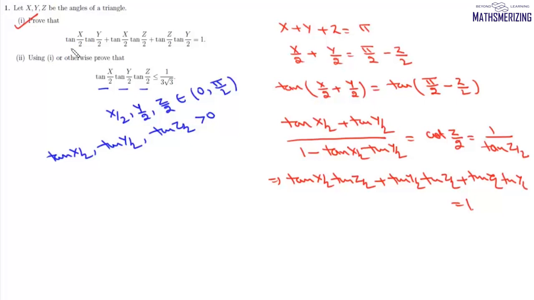Now if we take tan(x/2)tan(y/2) as A, this number as B and this number as C, then the arithmetic mean will always be greater than or equal to its geometric mean.